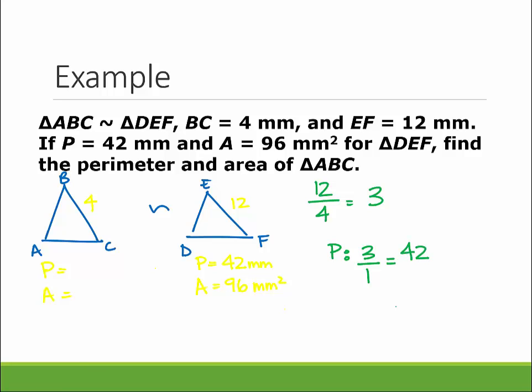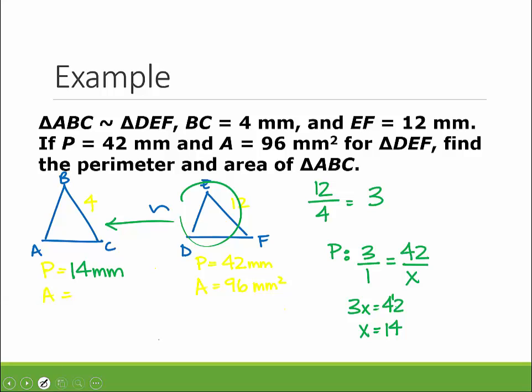Since the 3, we started with this triangle and then went to that one, we got to do the same thing with the perimeter over the x that we don't know. And then this problem's a little easier to solve. 3 goes into 4 once with 1 left over, and 3 goes into 12 4 times. So the perimeter of ABC has to be 14 millimeters.